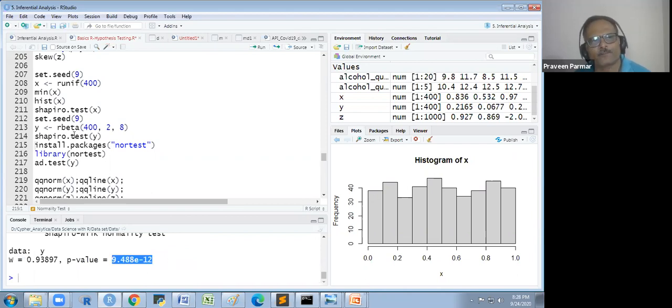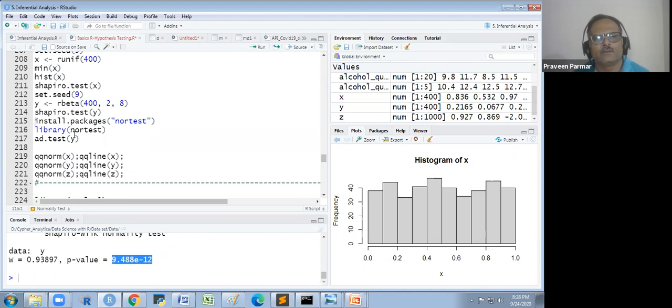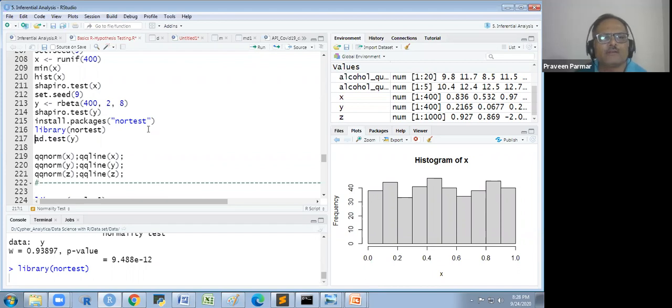Okay. Anderson-Darling is also a good one. I have written here the AD test. We have to use the library for this, and I will just explain it to you.